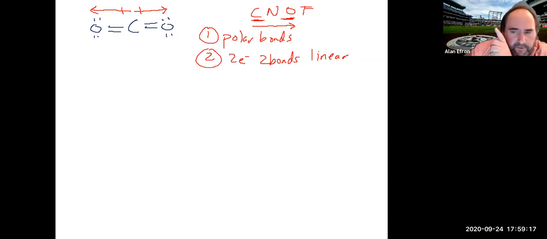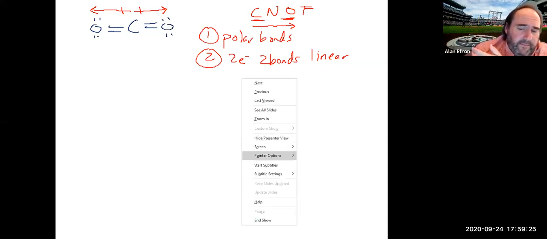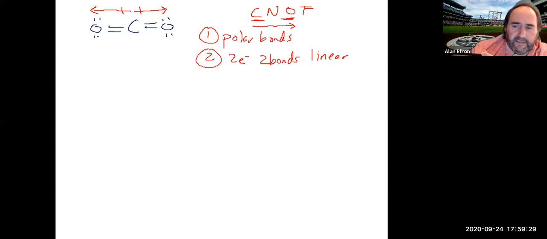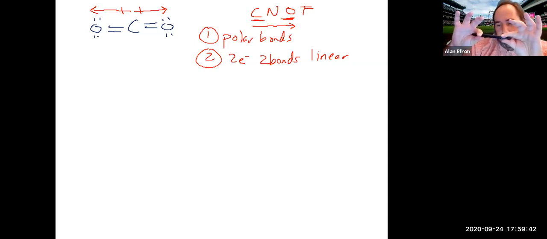So we have something with polar bonds, and the geometry of this molecule is linear. Now we need to determine whether or not this is going to be a polar molecule. If you look at a pencil, like I'm holding here, and I take one side, which is 1 oxygen, and pull this way, and pull the other side, an oxygen, the other way, I am pulling as hard as I can, and my pen is really going nowhere.